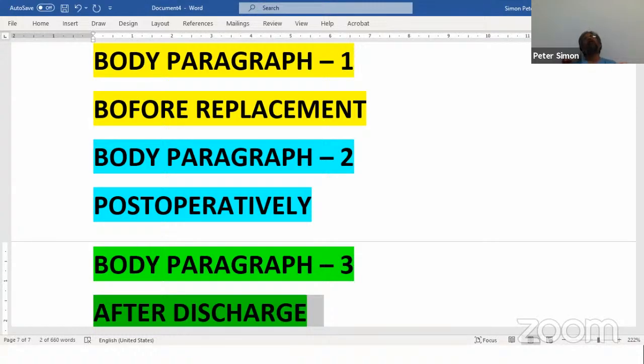So, in conclusion, repeat the purpose, but not in the same way. Modify the words.